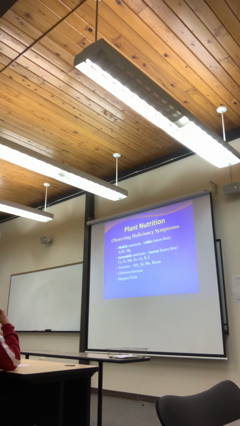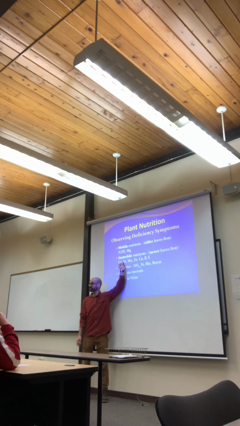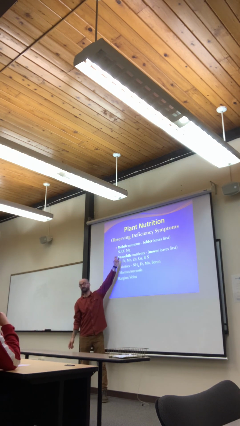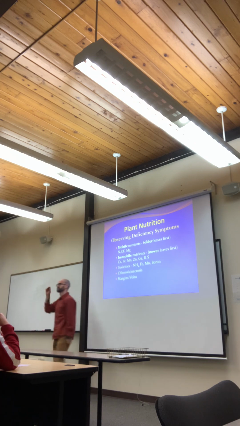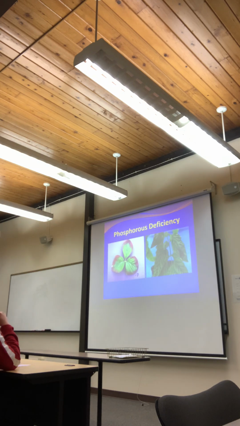But do we need to know any deficiency information at all, or just what you said? You'll need to know that deficiency symptoms show up in the new leaves on immobile nutrients and in the older leaves first on mobile nutrients, and why. It's not going to be a full part of the class, and I don't have the time left to provide samples and say identify these deficiencies.